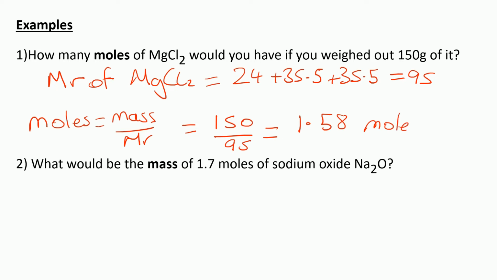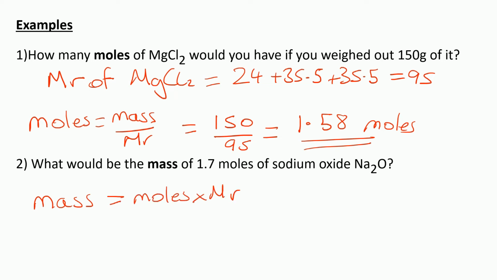Then in question 2, what would be the mass of 1.7 moles of sodium oxide, Na2O? So this time we need to use mass equals moles times MR. Let's work out the MR of sodium oxide.